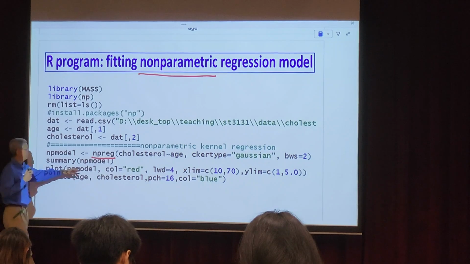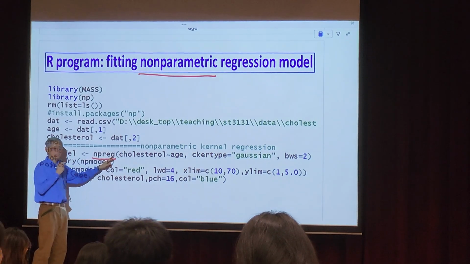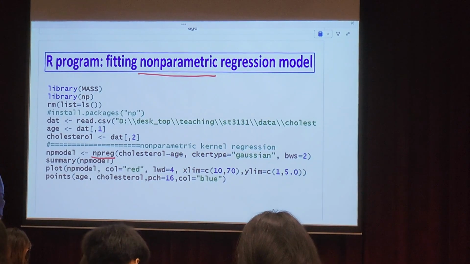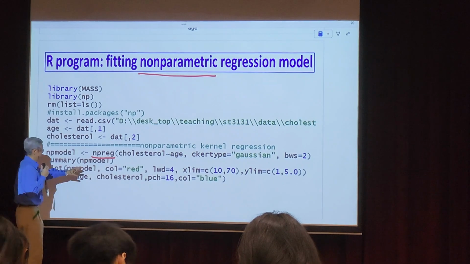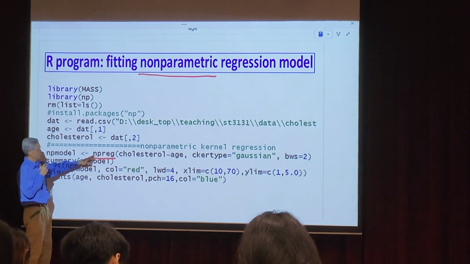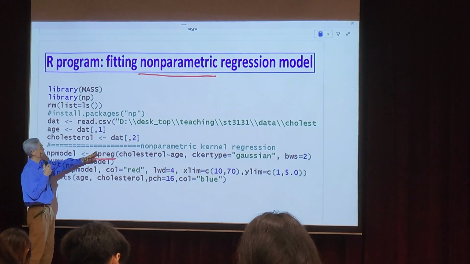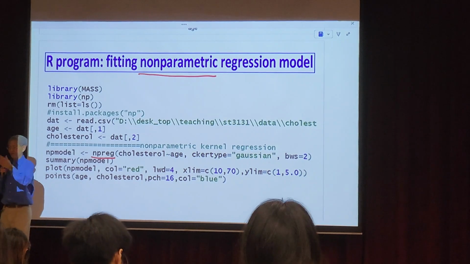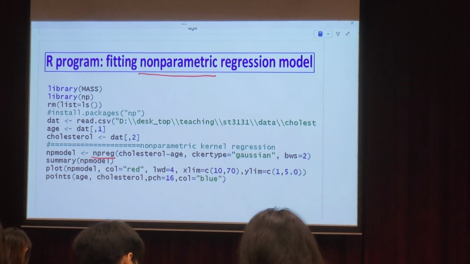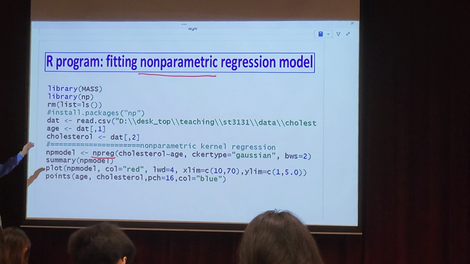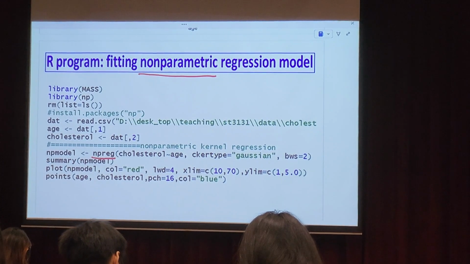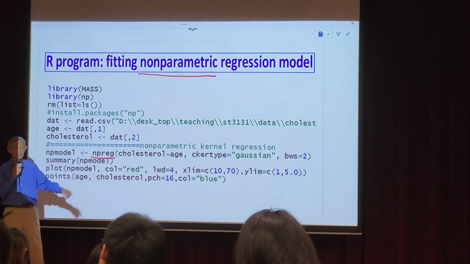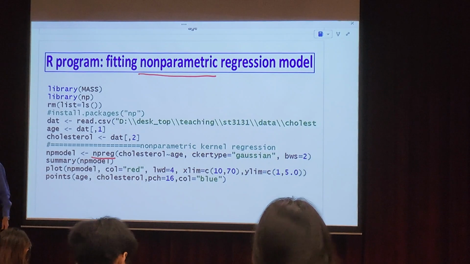It's called NPREG. It's not LM. LM is for parametric regression model. But for non-parametric regression, you use this. So what if I say in the exam, write down the code for fitting a non-parametric regression model. Can you do that? At least copy down this formula, right?